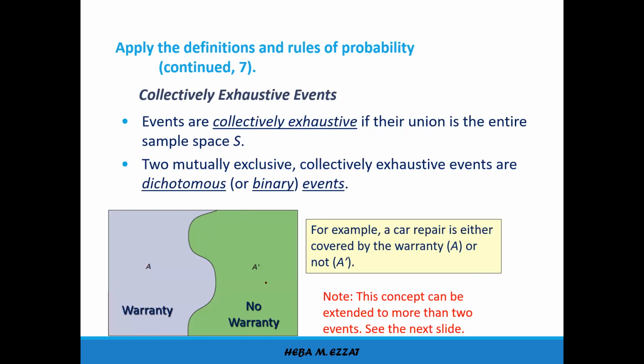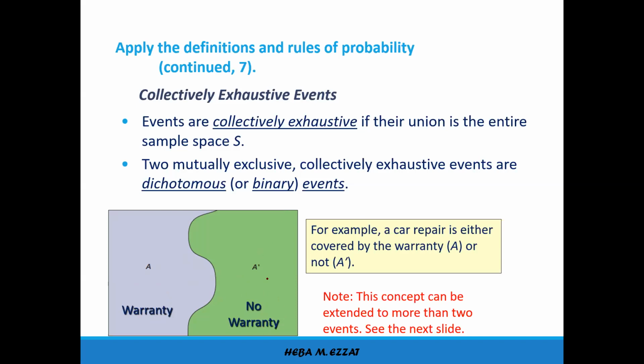So here, if we have for example warranty and no warranty, if you are going to fix your car or something like this, or any electric machine, and the insurance asks you about the warranty, your status will be one of two.